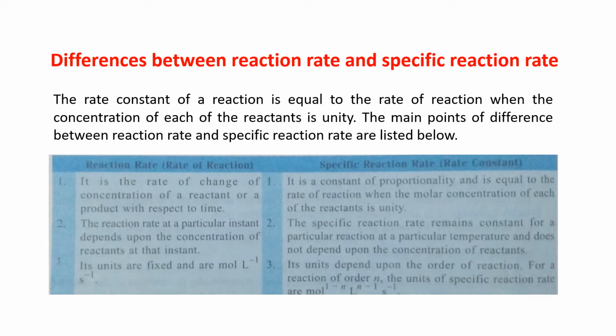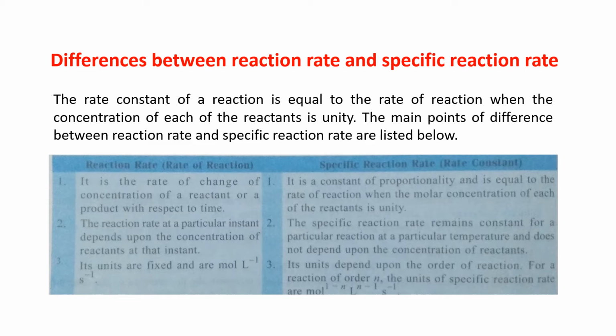Differences between reaction rate and specific reaction rate. The rate constant of a reaction is equal to the rate of a reaction when the concentration of each of the reactants is unity. This you have seen in lecture 1. The main points of difference between reaction rate and specific reaction rate are as follows.